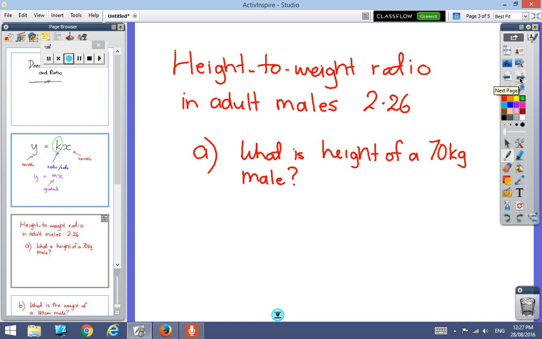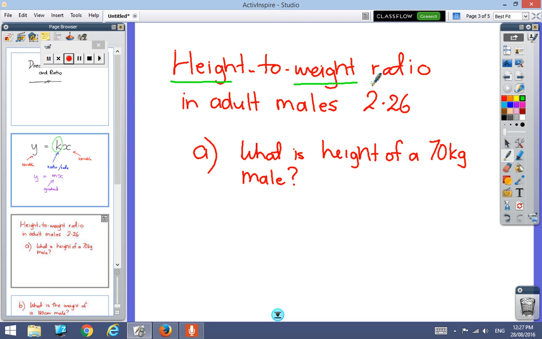Okay, so let's look at a practical example. The height to weight ratio in adult males is 2.26. Notice that height is first and weight is second when we set it like this.